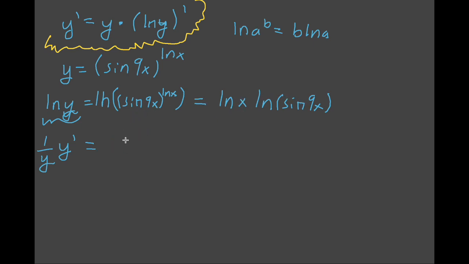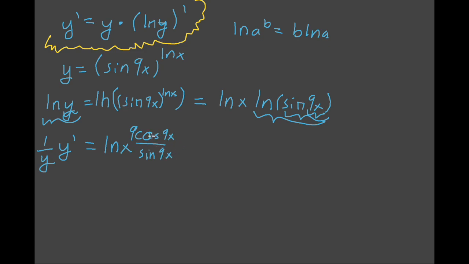So for our product rule, we're going to have our ln of x multiplied by our 1 over, so it's going to be the derivative of this guy, so the outside, keeping the inside the same, so sine of 9x, multiplied by the derivative of the inside, so we're going to have cosine of 9x, and then multiplied by the derivative of the far inside, which would just be 9.